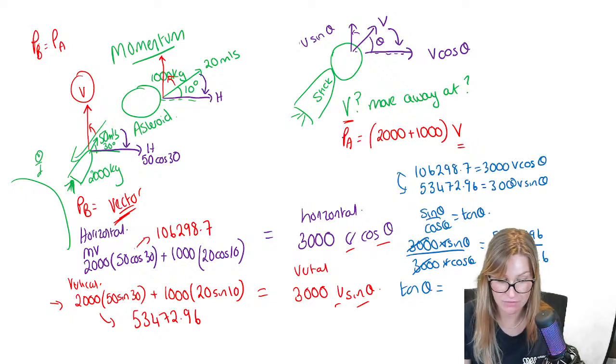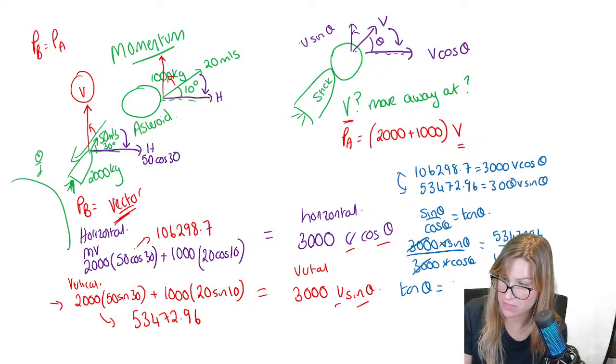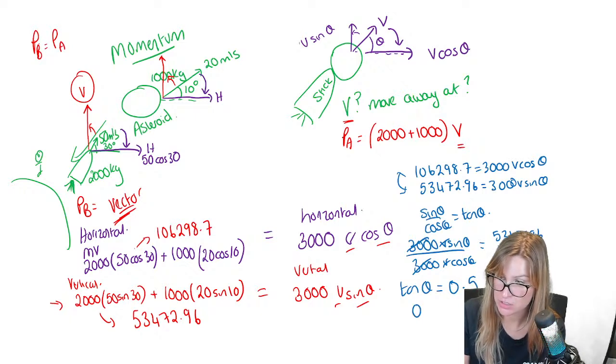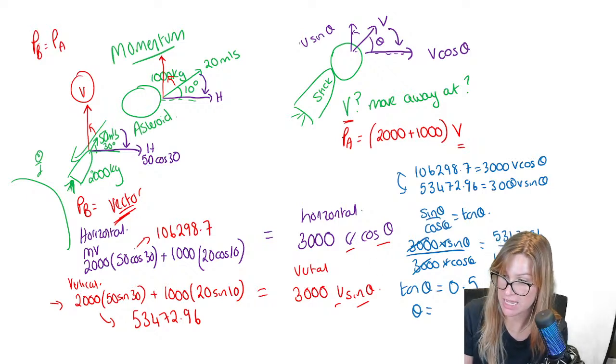And I can see tan theta then is just going to be 53472.96 divided by 106,298.6, to give us tan of theta is going to be 0.5. So for theta, I just have to do my inverse tan, shift tan of that answer, and we'll figure out that it's going to be an angle of 26.7 degrees.